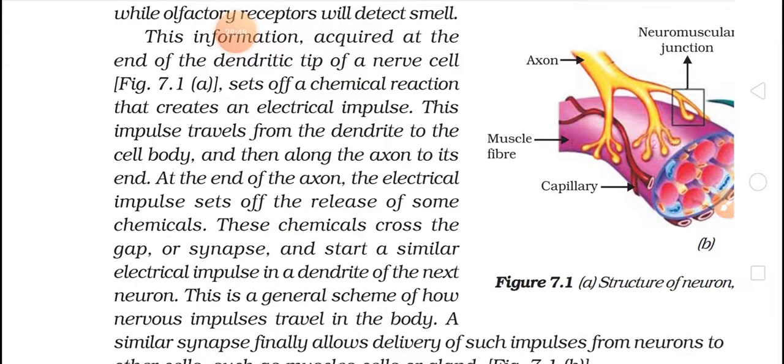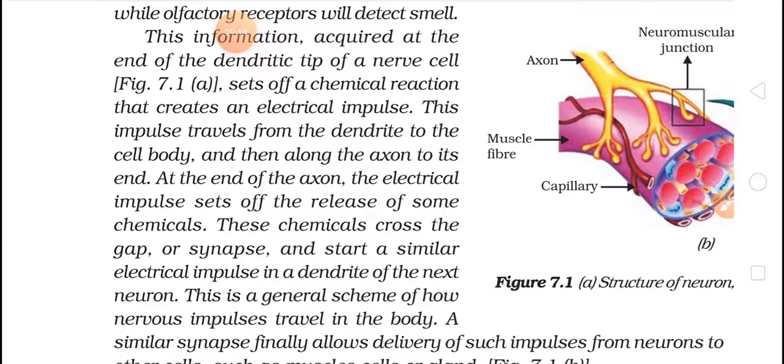And what is happening at the end of the axon? The electric impulse sets off the release of some chemical. These chemicals cross the gap or synapse and start a similar electric impulse in the dendrite of the next neuron. So this is an impulse which creates one after another.